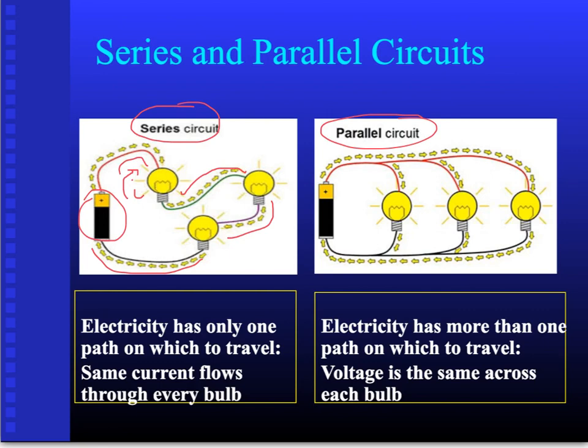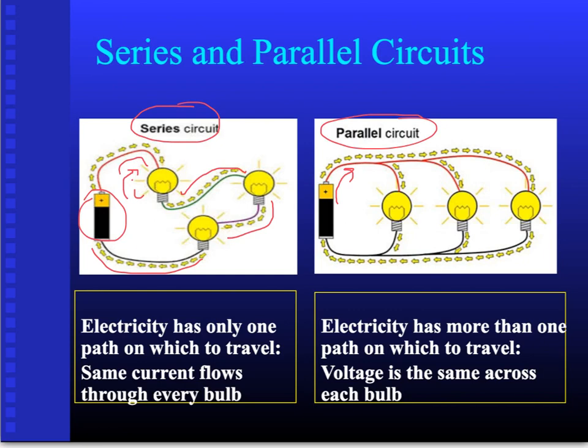Now in the right circuit, you can see that the same three lamps are connected, but as the current comes out of the battery, it has three paths.